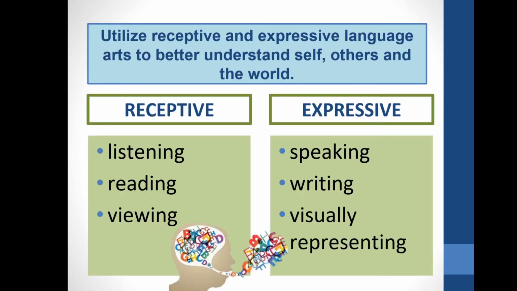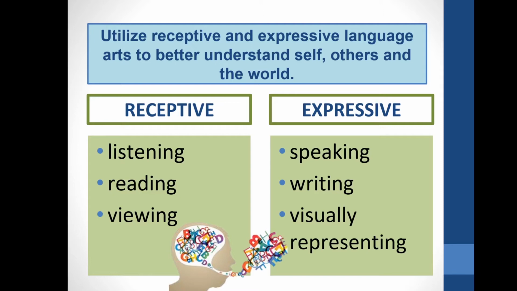So let's take just a minute and talk about receptive and expressive language. Now, as adults, we get this. We understand that. But from a very young age, kids need instruction to understand this is how we receive our information, and this is how we express that information.